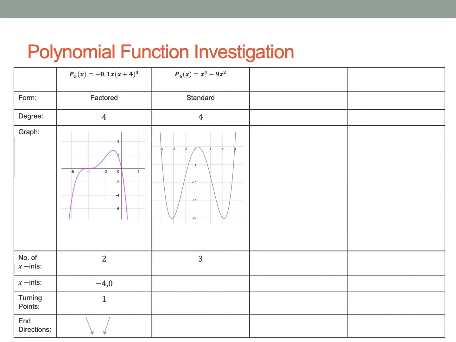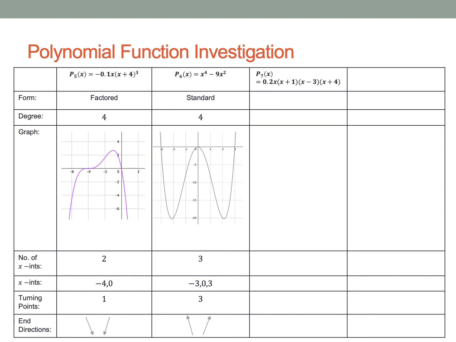Not obvious what they are because it's not in factored form, but from the graph it's negative 3, 0, and 3. The turning point is 3. And the end direction is x goes to positive infinity, it's positive infinity. X goes to negative infinity, it's negative infinity.